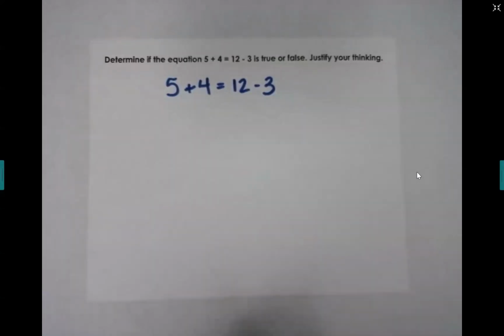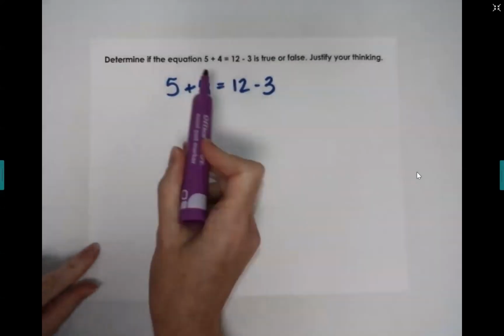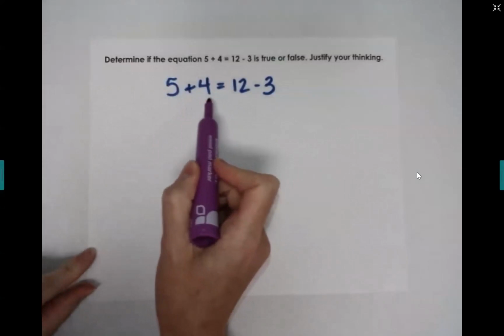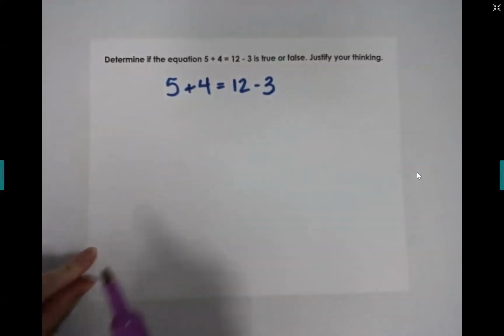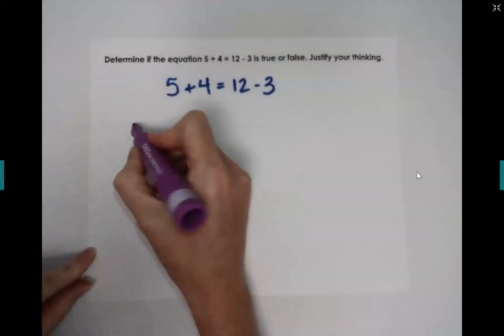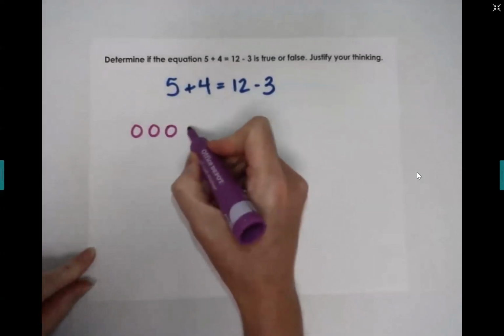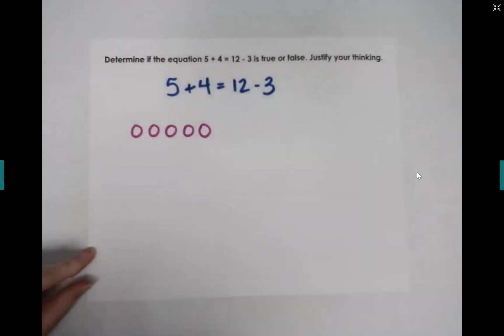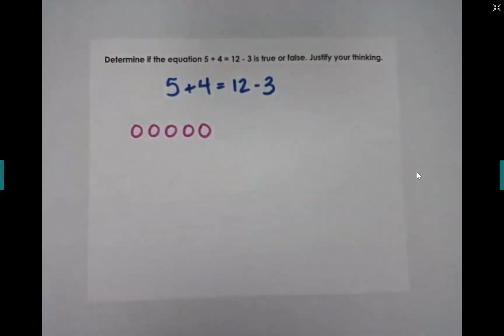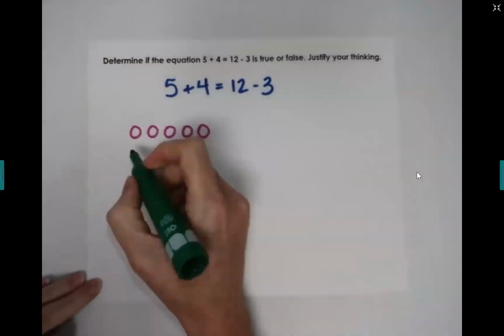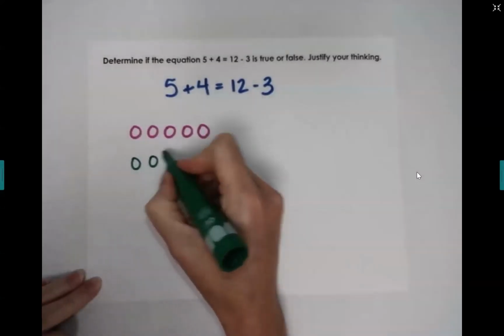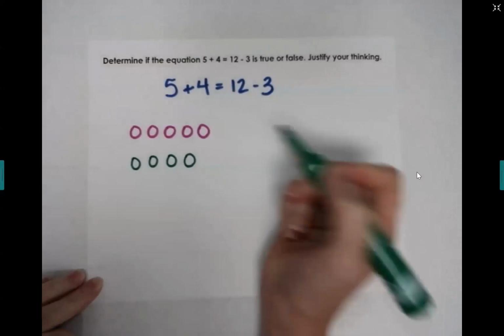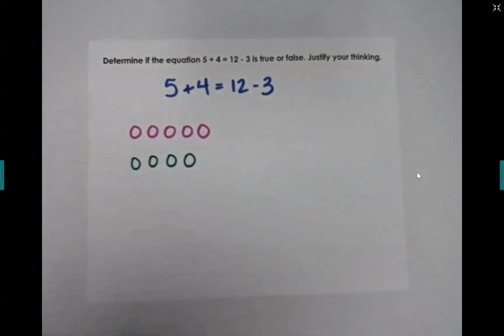So I'm going to use a strategy of drawing a picture to help me solve this problem. So here I can see I have 5 plus an additional 4. So I'm going to draw my picture to represent 5. And then I'm going to draw 4 more to show that 5 plus 4.